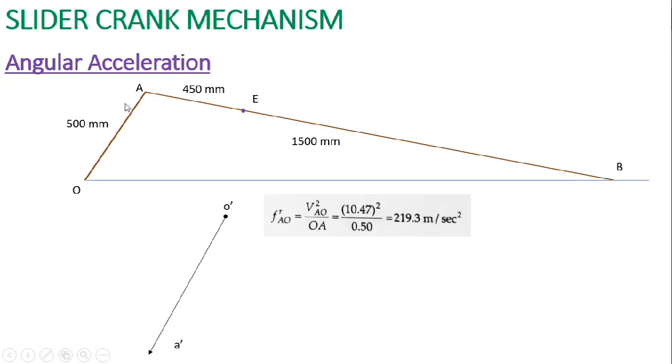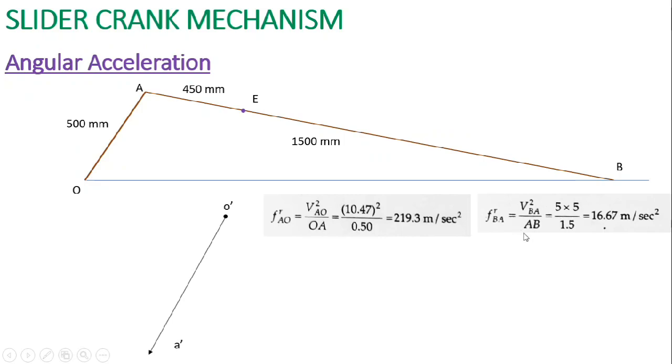Next, coming to the connecting rod AB, again there are two acceleration components. They are the radial, which is parallel to it, and the perpendicular, which is the tangential one. We don't know the magnitude of the tangential acceleration component, but the radial acceleration component can be determined using the equation VBA square upon the link length AB, where VBA I have already determined, that we need to substitute here, that will be 5.